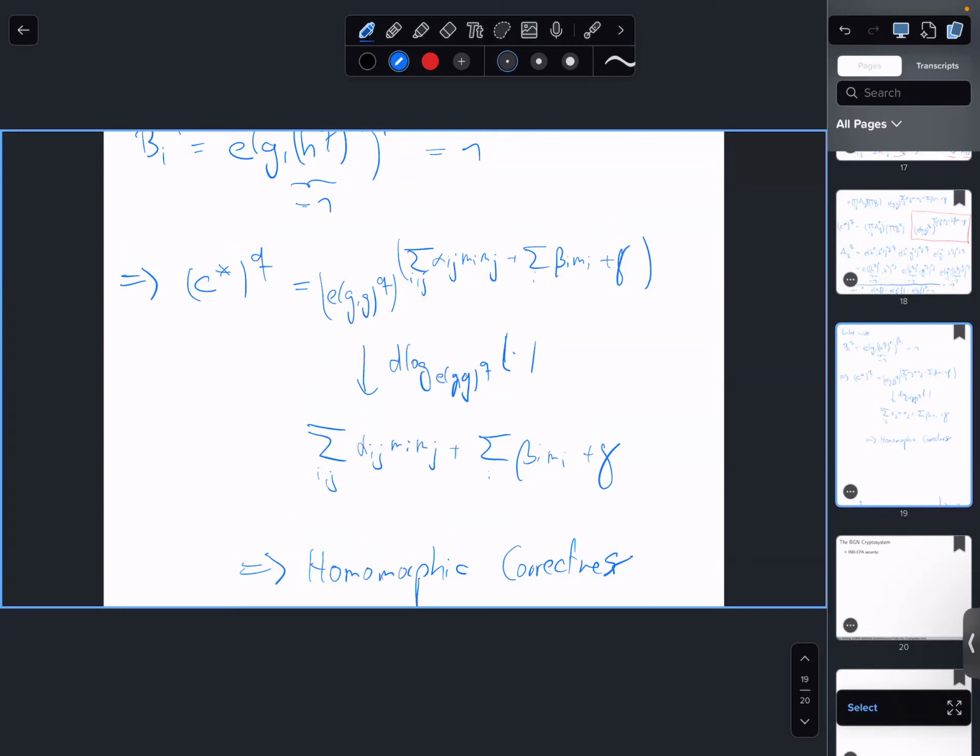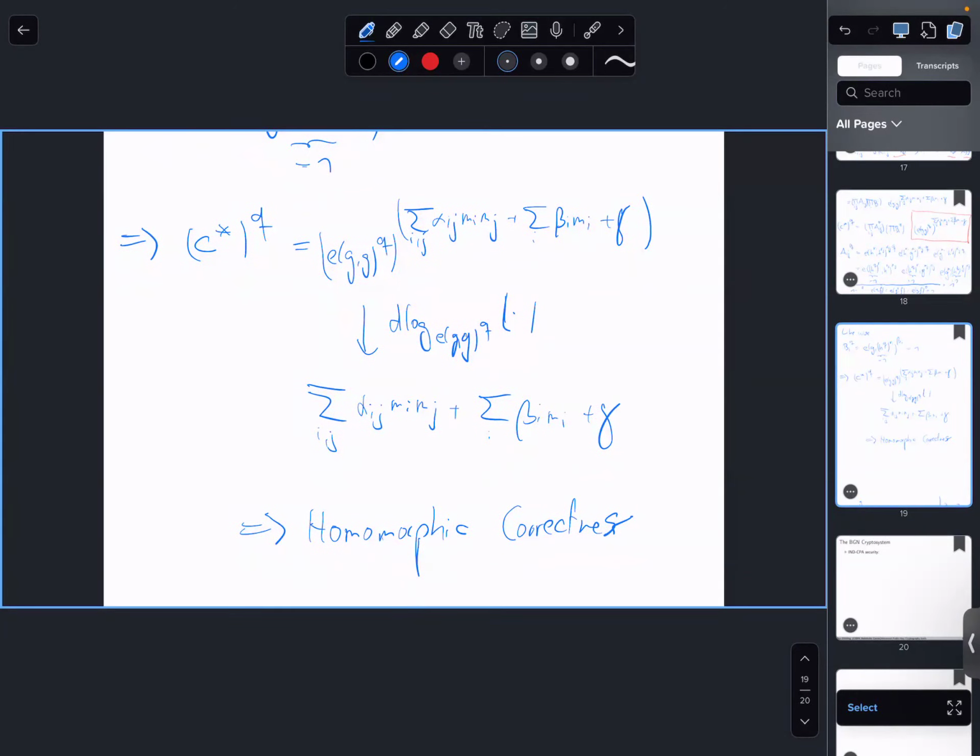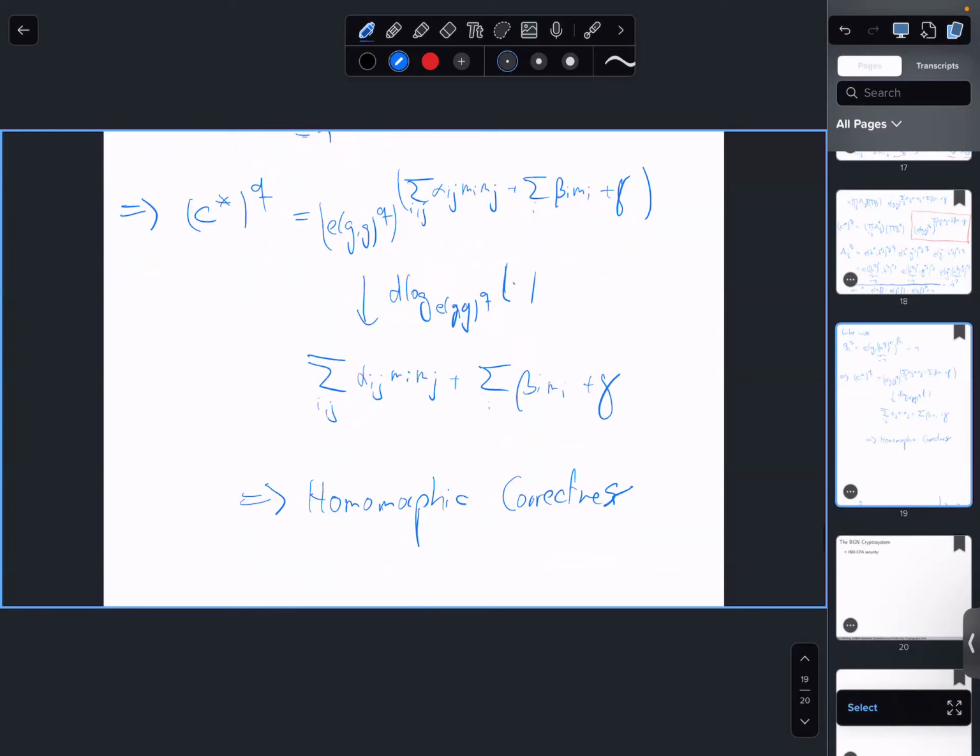Now, of course, polynomial is an asymptotic notion, right? In practice, you can just bound the size of the exponents. If you have a bound on the size of the alpha_ij, on the beta_i, and on the m_i and m_j, then you can compute a simple bound on these.